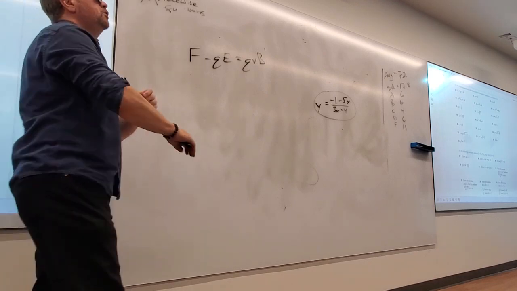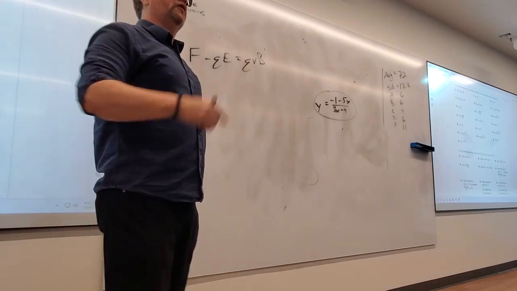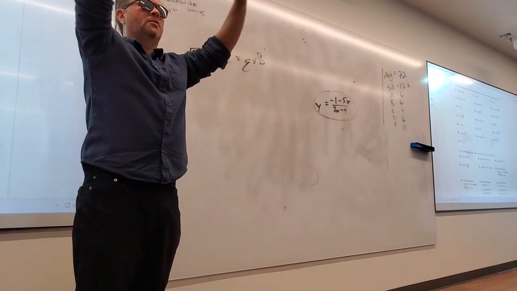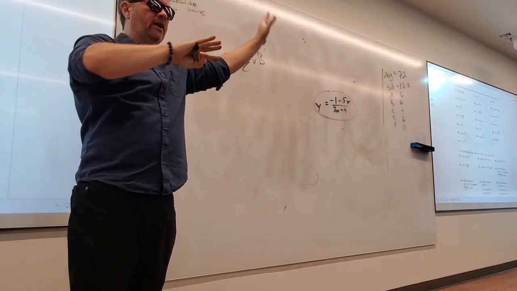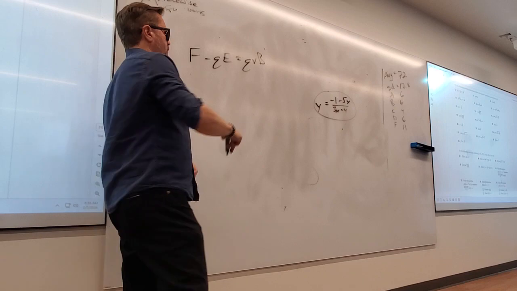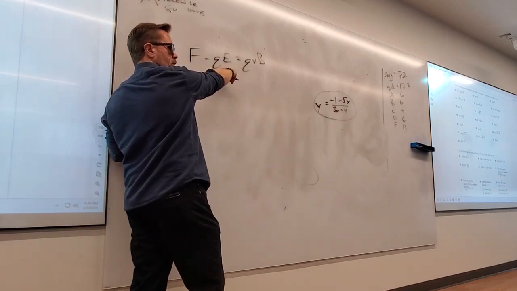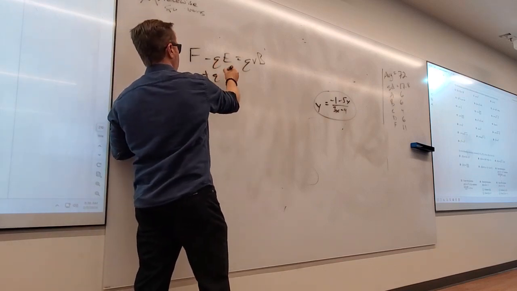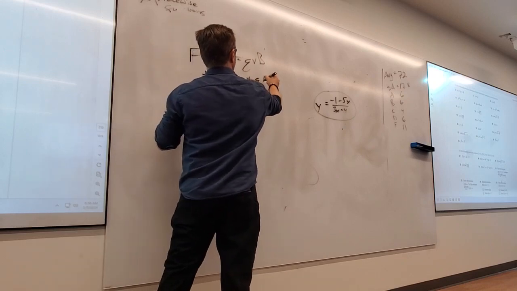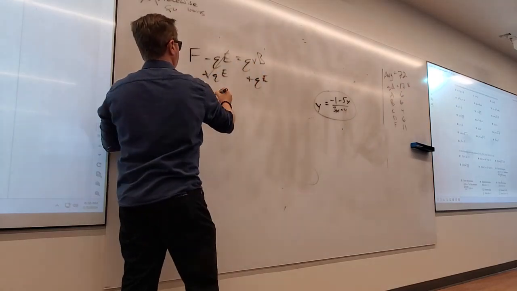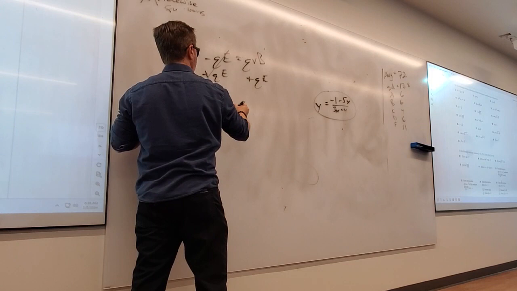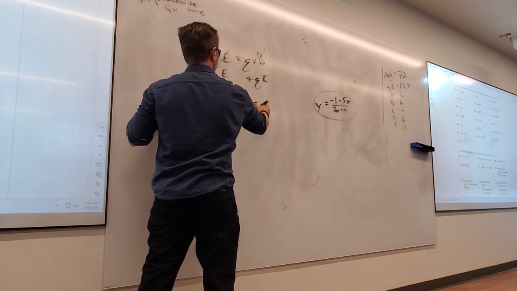Is all the q stuff together? No. So the first thing is, if I'm trying to solve for a letter and it's in multiple places, get them all on one side and everything else on the other side. So this term is in the wrong place, so I'm going to add it. Now I get F equals qvB plus qE.